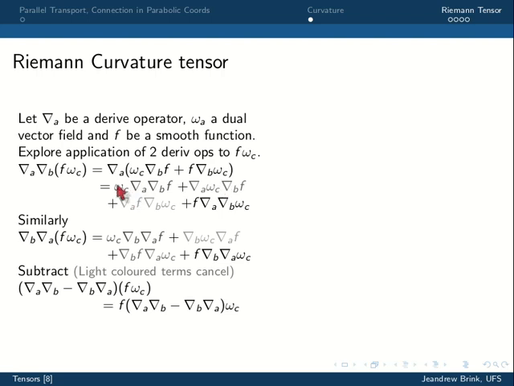And then you have omega C gradient A gradient B of F minus omega C gradient B gradient A of F. But one of your axioms for your derivative operator was, remember, that if you apply the derivative operator to a scalar, then it commutes. I think that was C4 or C5. Anyway, so these two cancel out because of your definition of your derivative operator, and then all you're left with is F times the difference between these two.